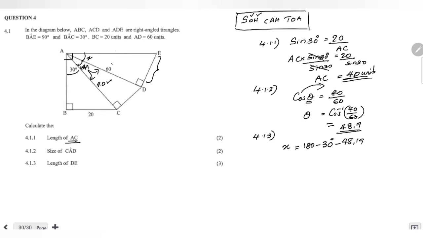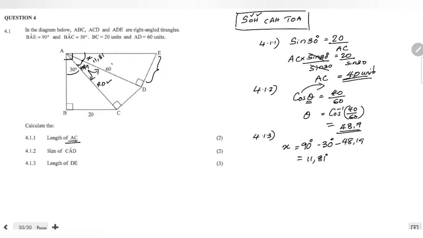I think I made a mistake. It's not 180. It is what, guys? It's 90, right? Because A is 90. Sorry for that. 90 minus 30 degree minus 48,19, which will give you 11,81. So I got that angle 11,81.